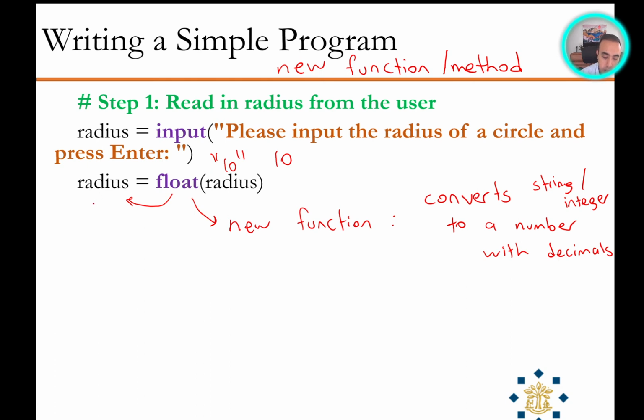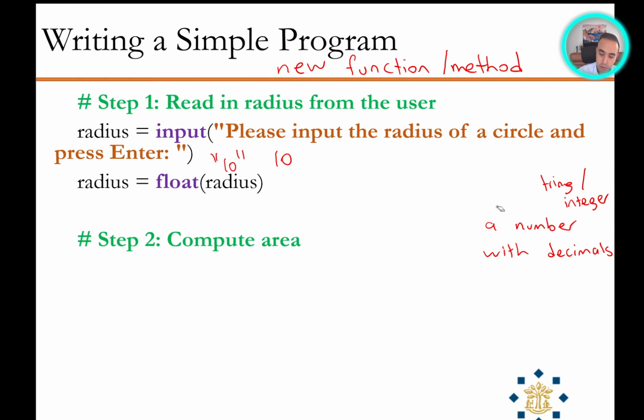So now radius is 10 as a number. So that's why we need the float function to convert the string to a number with decimals. It's actually 10.0, but the details we'll talk about in the next slides.